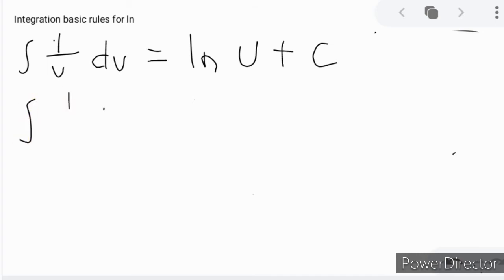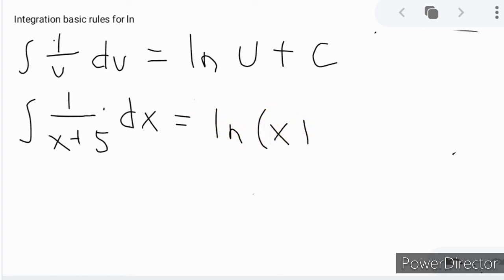Now we have 1 over x plus 5. So, in this example, the value of u here is x plus 5. So we have ln x plus 5 plus c.